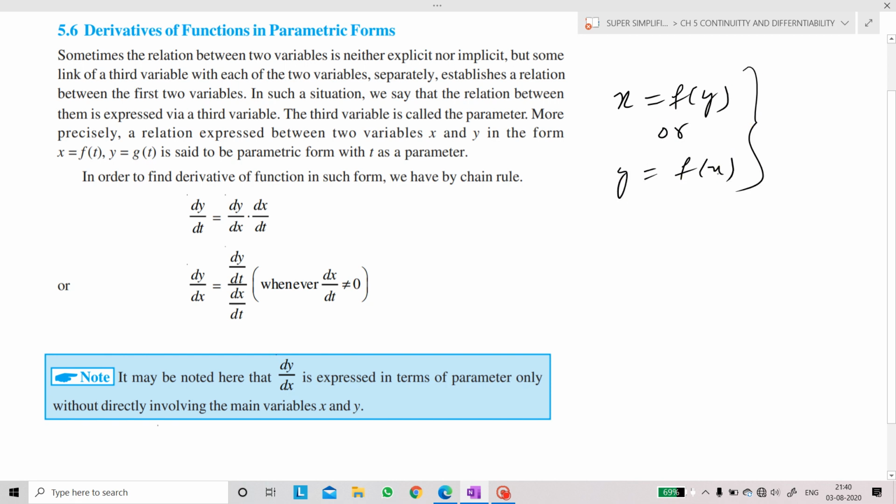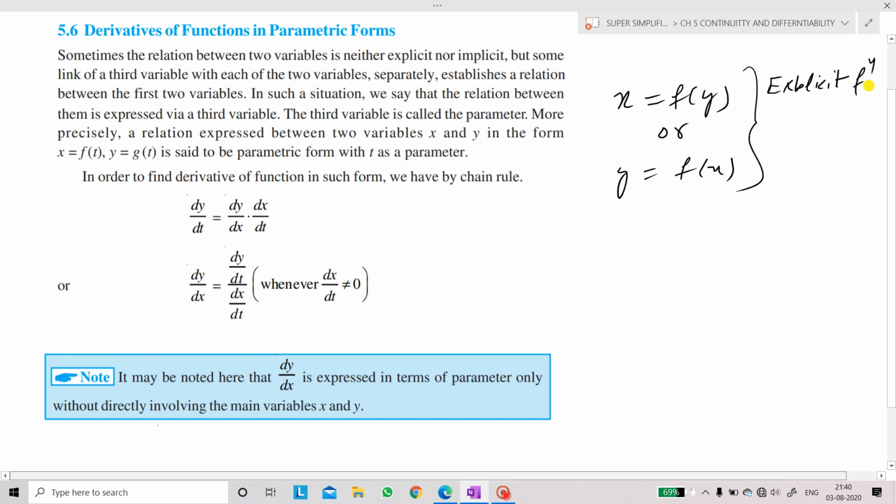These types of expressions were called explicit functions, and implicit were the ones where the expressions of x and y are intermixed. And we have done the differentiation of both types of functions.